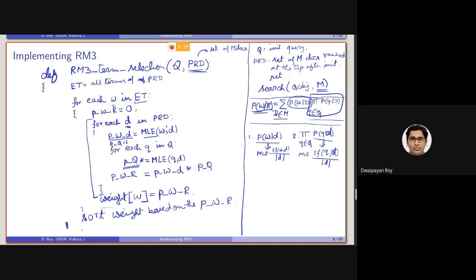Then select the top n terms having the highest weight, having the highest P(W|R) value.